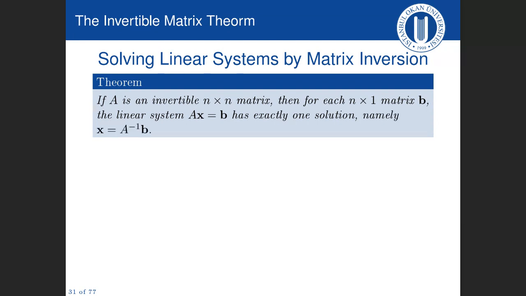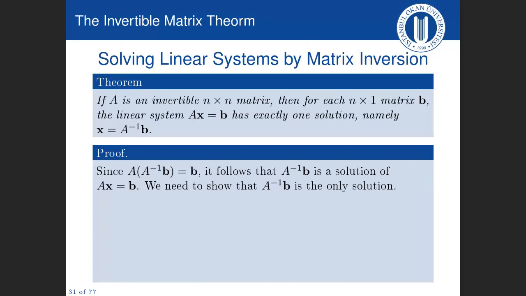This theorem says the solution is X equal to A inverse B. Now, because A times A inverse B is just B, since A A inverse is the identity matrix, it's easy to see that A inverse B is a solution of this linear system. So we just need to show that this is the only solution.